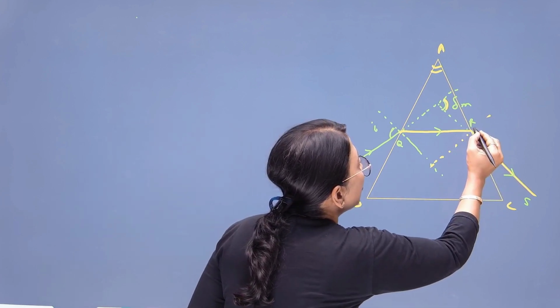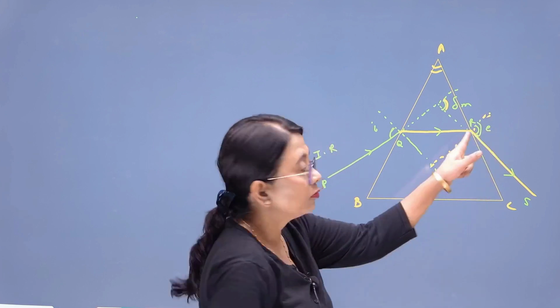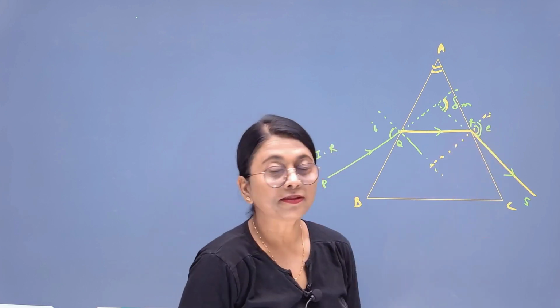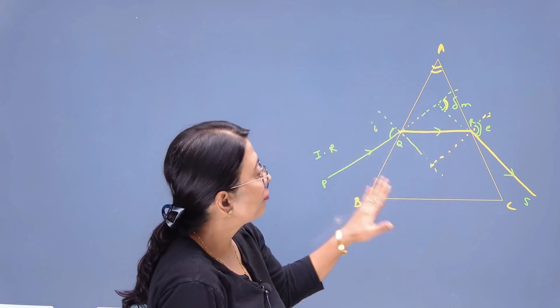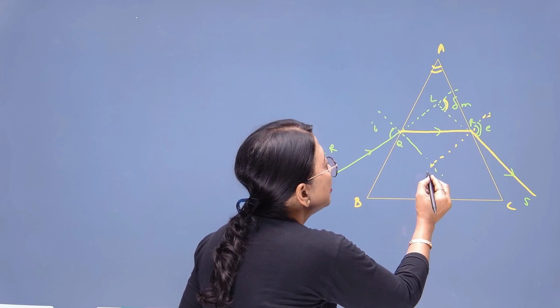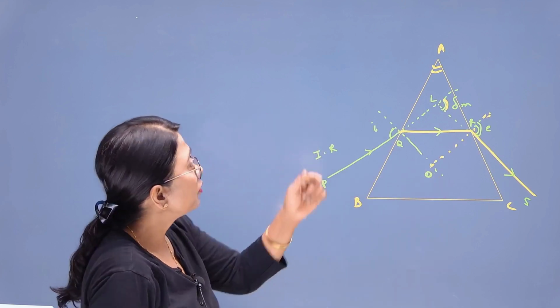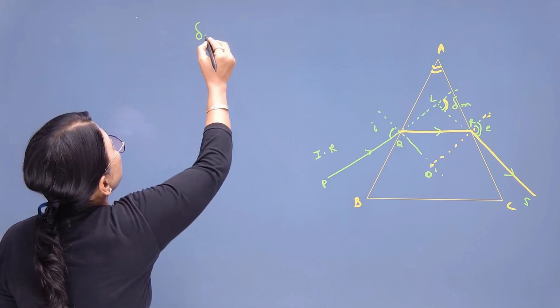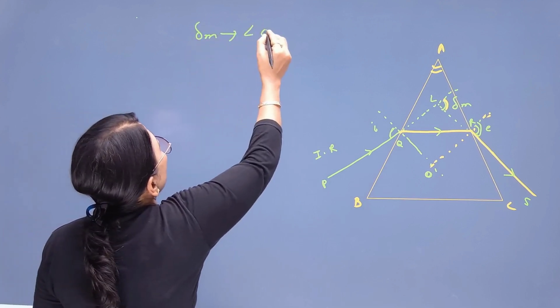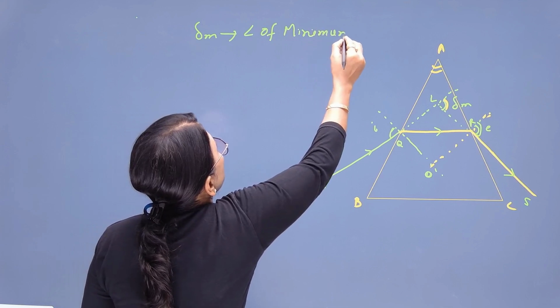This is the angle of emergence. This is D. This point is R. And then S. Now see, this whole figure you see and name it here also. This is L suppose and this is M or O. Write it as O. Now first you see that this delta M is the angle of minimum deviation.